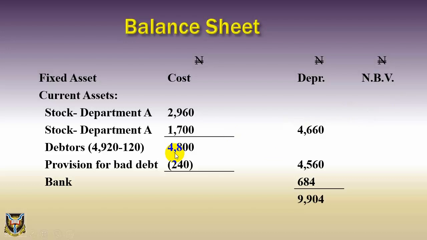Debtors 4,920 less 120, making 4,800. Provision for bad debt 240, making 4,560. Bank 684. Total current assets 9,904.